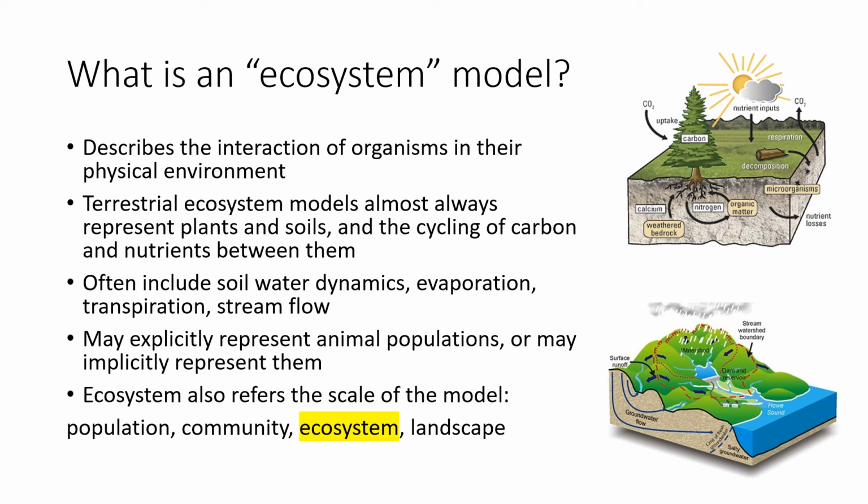A community model would represent interaction between multiple populations, and an ecosystem model is maybe considered a single type of ecosystem, like a grassland or a forest or an agricultural field. A landscape model might have multiple ecosystems, like, looking at the figure to the right, you might have a mountain ecosystem and a floodplain ecosystem.